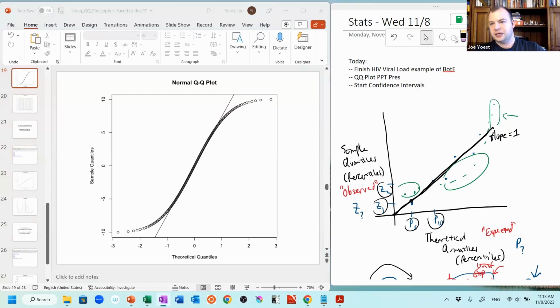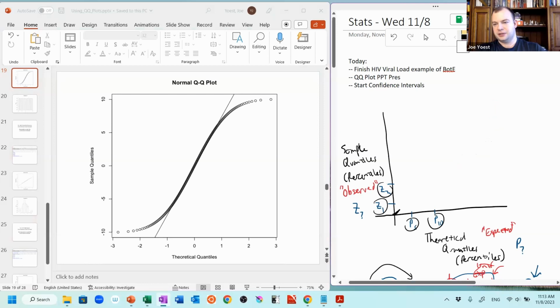So one thing that we could do, and we're going to speak in very broad strokes here. So here's our 45-degree line, and we have our points that maybe look something like this.